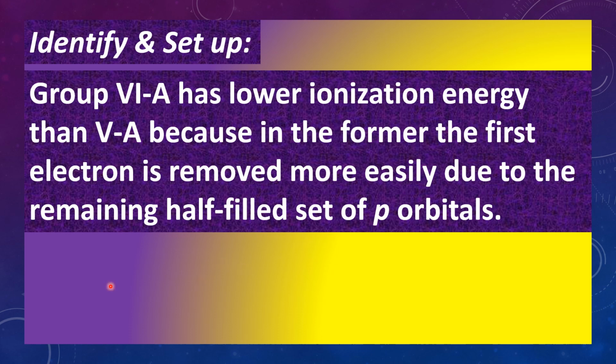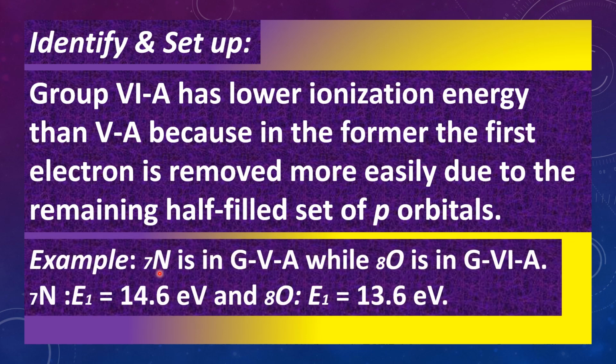So, as an example, we have the element nitrogen with 7 as its atomic number. It belongs to group 5A, while oxygen with atomic number 8 belongs to group 6A.